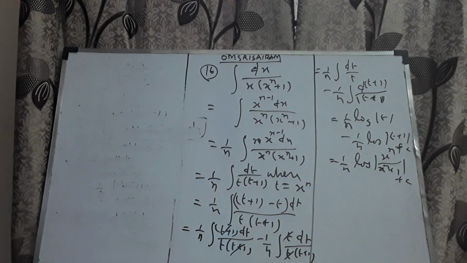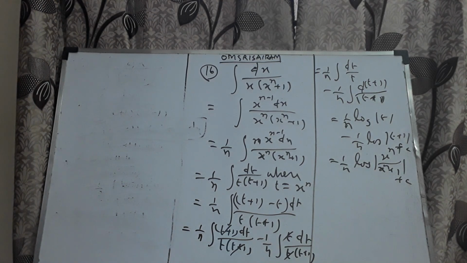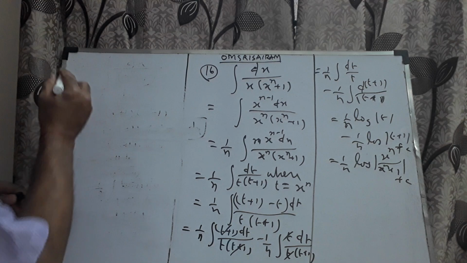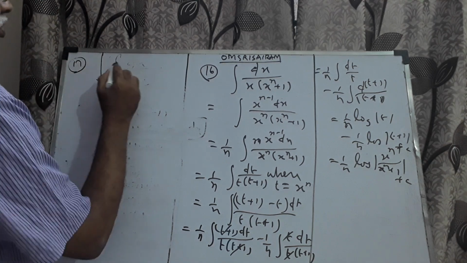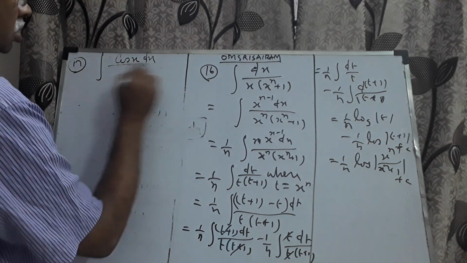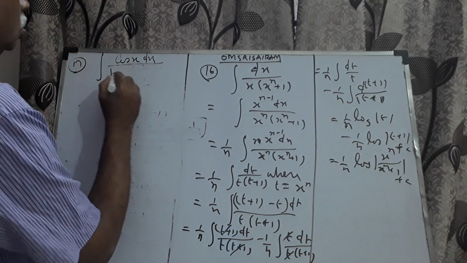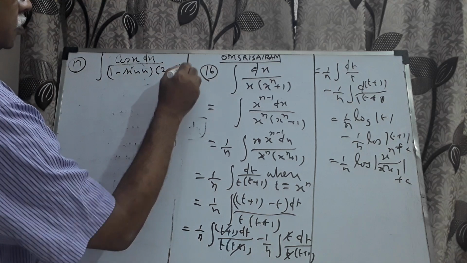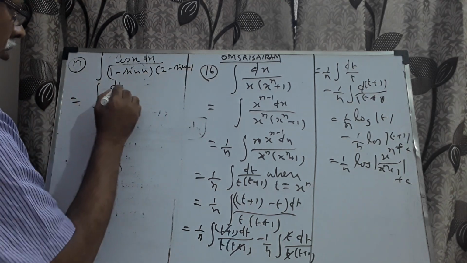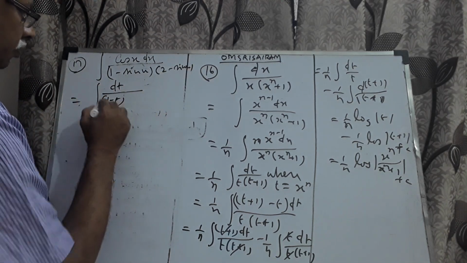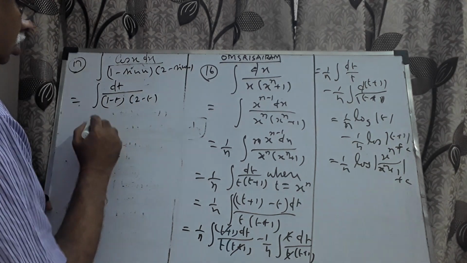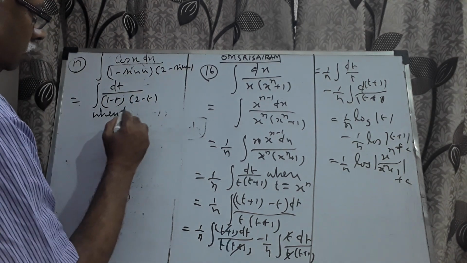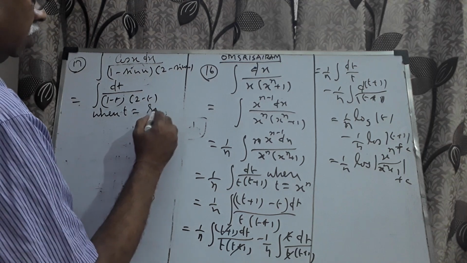For the 17th problem, he says integral cos x dx divided by 1 minus sin x into 2 minus sin x. This can be written as dt by 1 minus t into 2 minus t, where t is sin x.